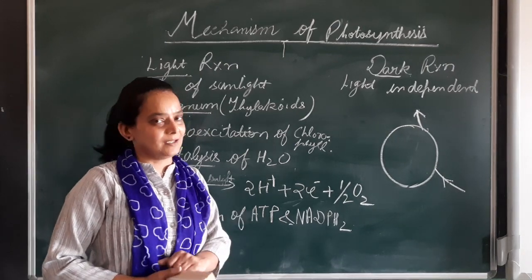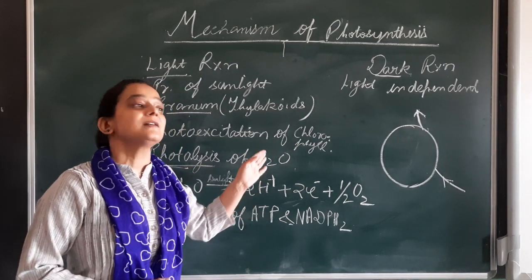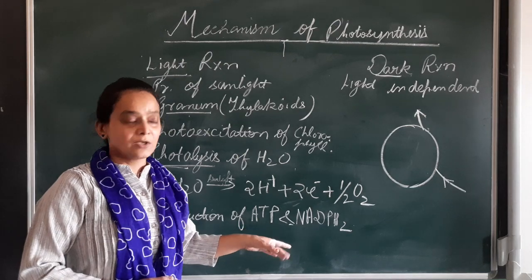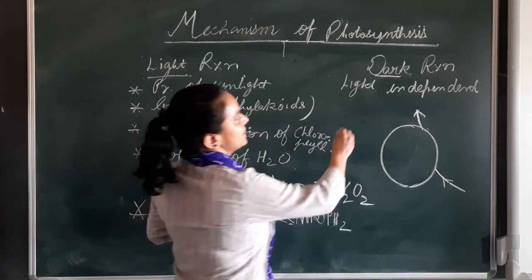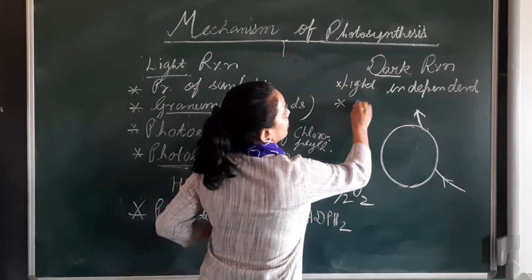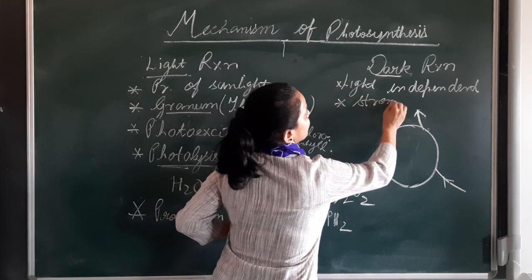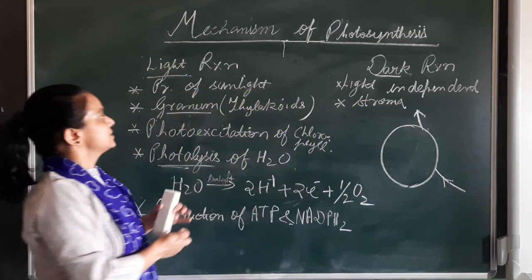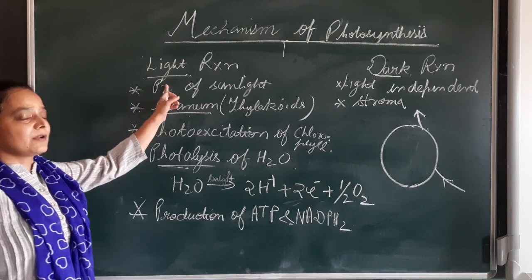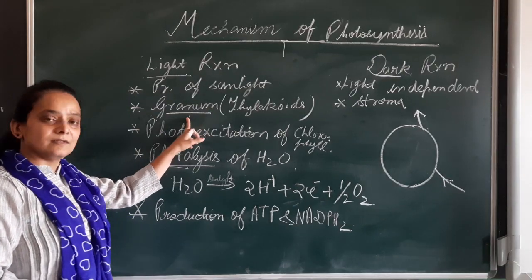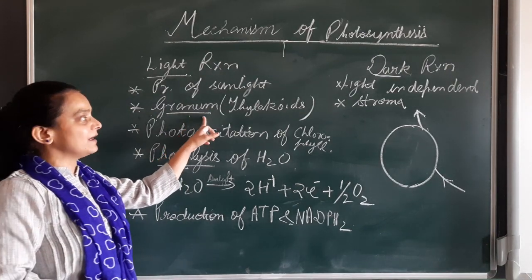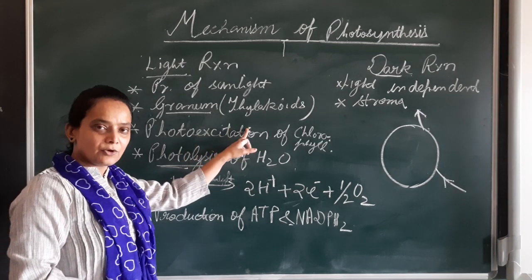We have learnt in 9th also, and then there is a stroma also. So dark reaction occurs in the stroma. Fine. So these are comparative accounts you can easily compare. Light reaction requires the presence of sunlight. The site for light reaction is grana or the thylakoids of chloroplast.